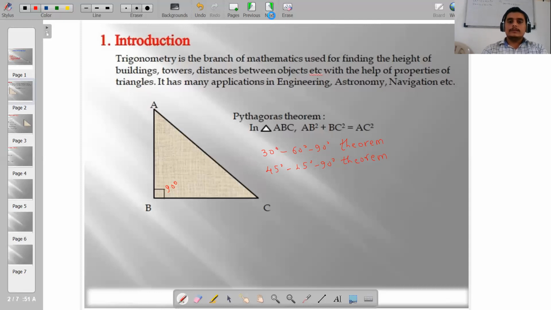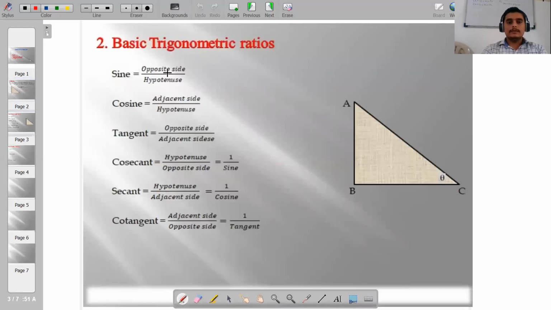Now, coming to the next slide, here some basic trigonometric ratios are defined. The very first ratio is the sine ratio, which is defined as opposite side upon hypotenuse. Suppose in the adjacent triangle, angle C be theta, and AB and BC are perpendicular to each other, so that they make an angle of 90 degrees.